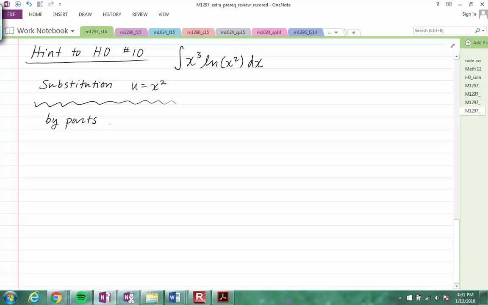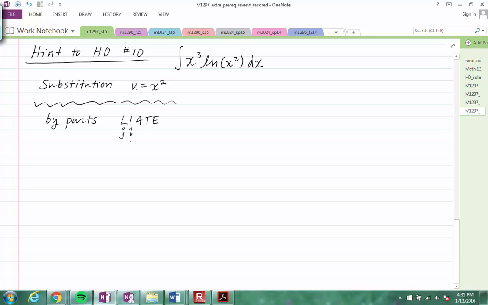In by parts, you're choosing your u first, which is a different process. You're using this LIATE thing, which I went over in another recording, maybe. Maybe I didn't, so I will just go over it quickly.